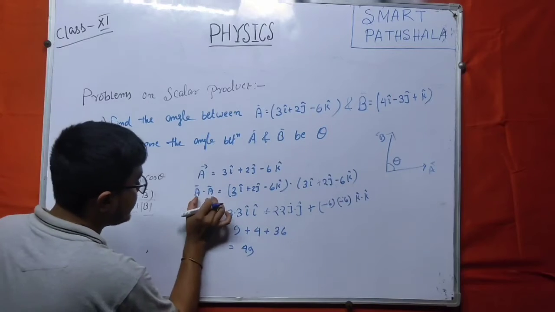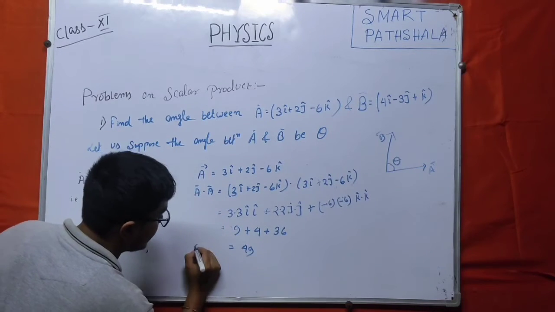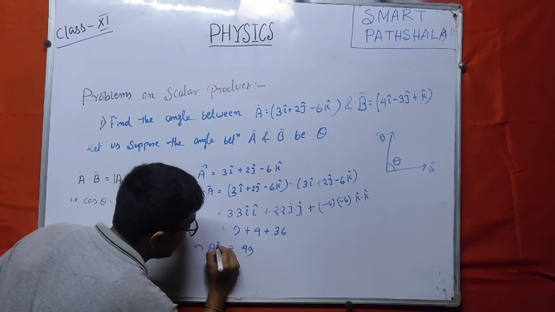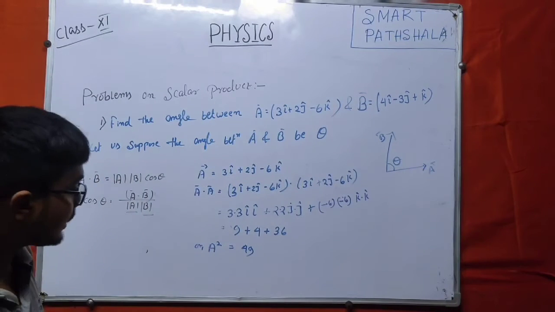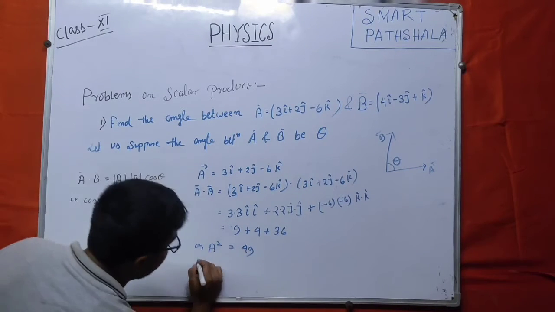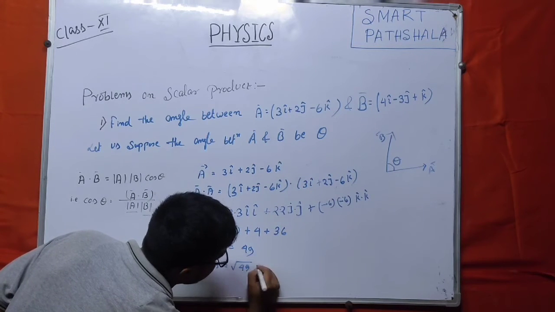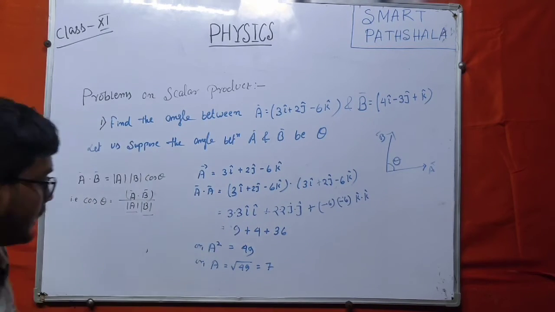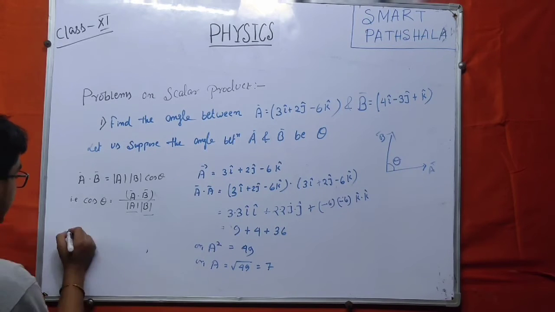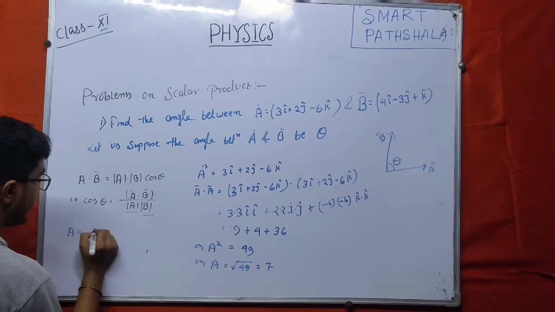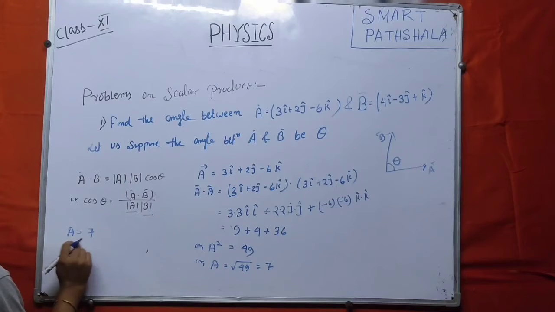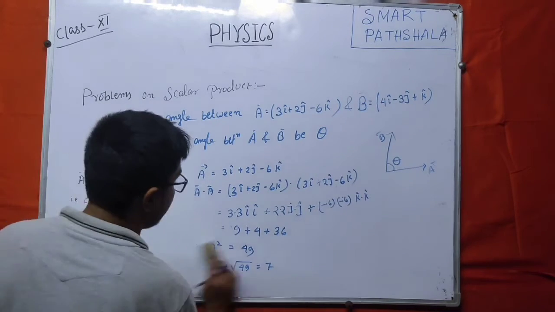A dot A is equal to A square. So A square is equal to 49, or magnitude of A is root 49, which is 7. So the magnitude of A is 7.